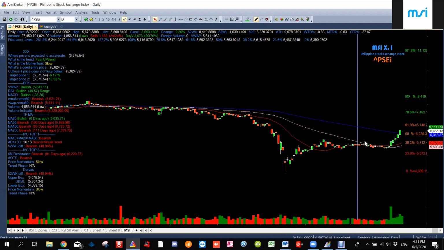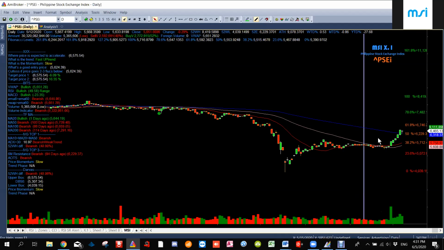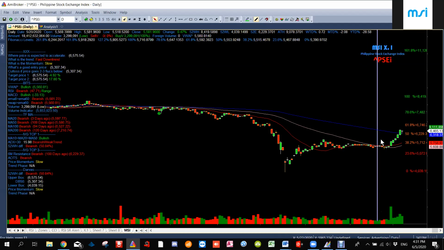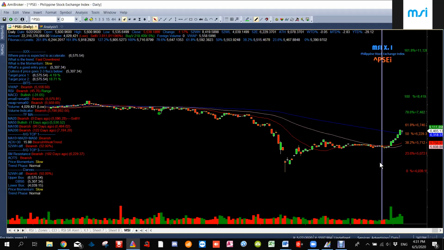Ayan, so wala pa siyang sell signal, until now. Kasi the price is moving, okay, ito yung sell signal natin kasi naging below the MA20 lang siya. Below MA20 na siya, so nagbigay ang system ng sell signal.